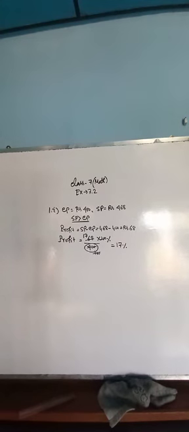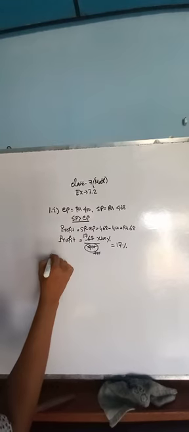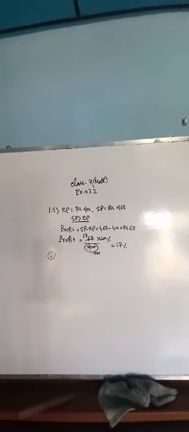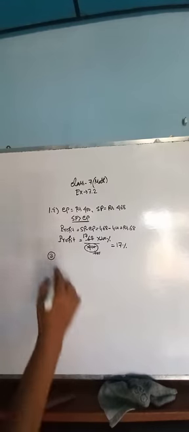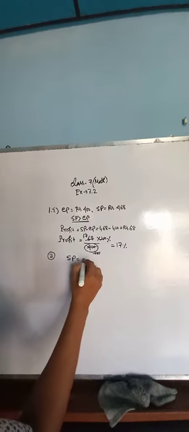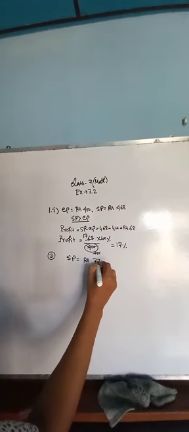Suppose I discuss question number 3. By selling an article for rupees 770, a man incurred a loss of 110. Find the loss percentage. Selling the article means SP is rupees 770.